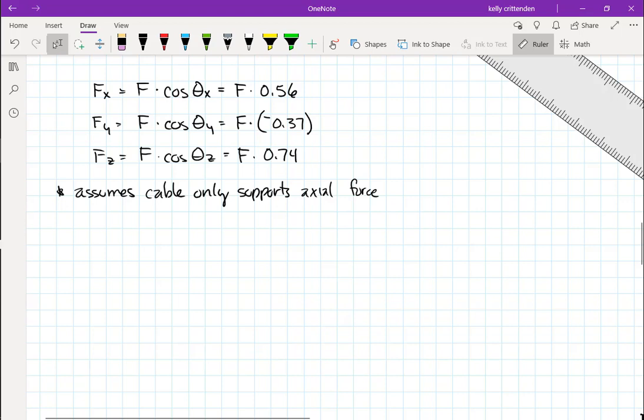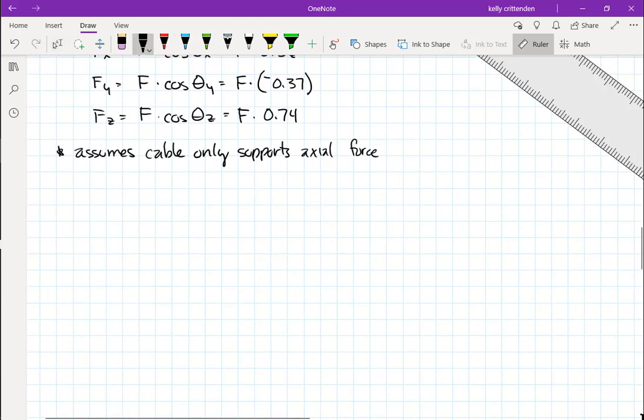And that's for cables and ropes and chains, that's a reasonable thing to assume. If it's a really big giant cable, then yeah, it's going to be pretty stiff. But most of the cables that you're going to deal with are relatively flexible compared to their axial strength.